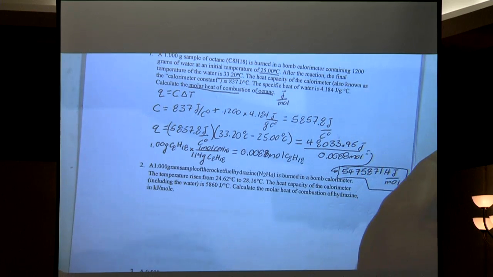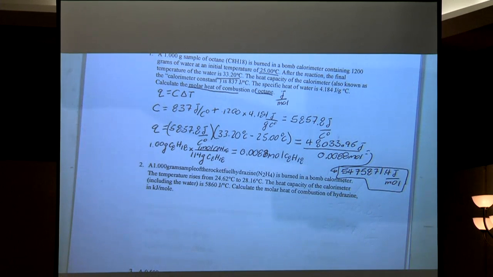And that is going to be my molar heat of combustion. So for every 1 mole of octane, which is a huge component in gasoline, how much energy is released? That number, 54.75.